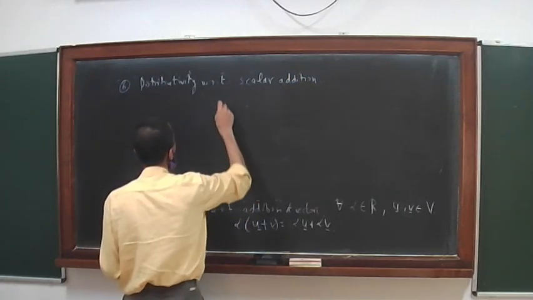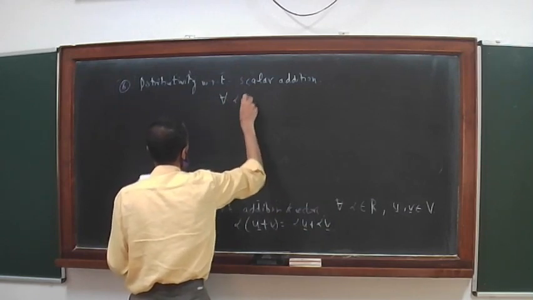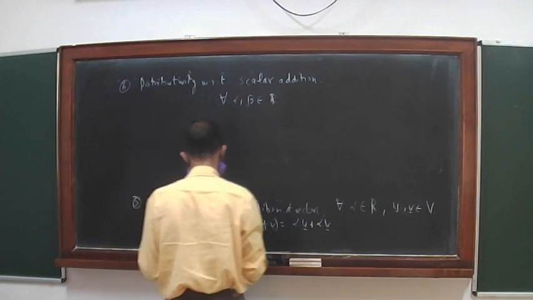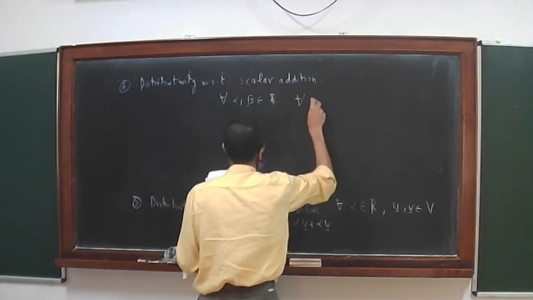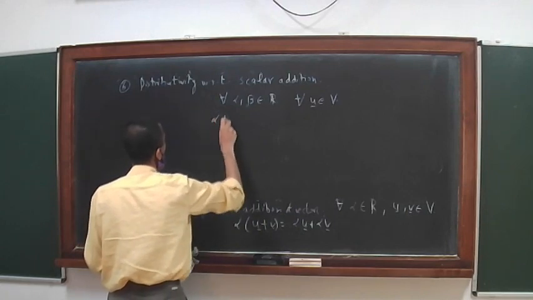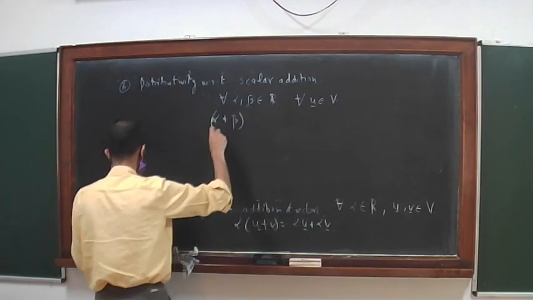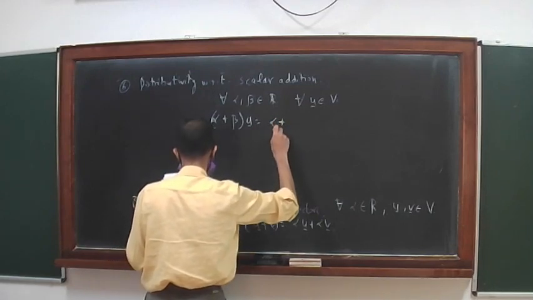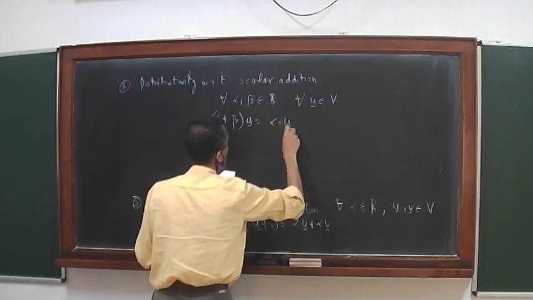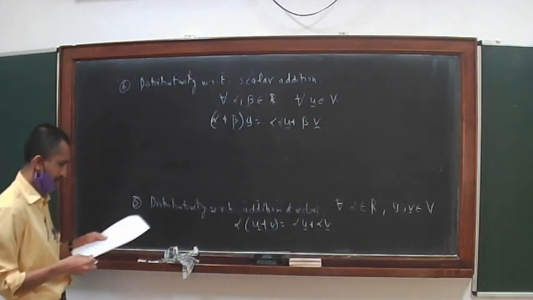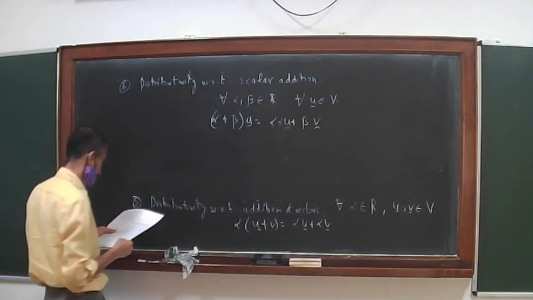For all alpha, beta belonging to R and for all u belonging to V, alpha plus beta times u is equal to alpha u plus beta u.